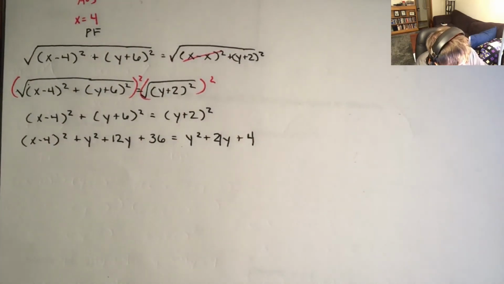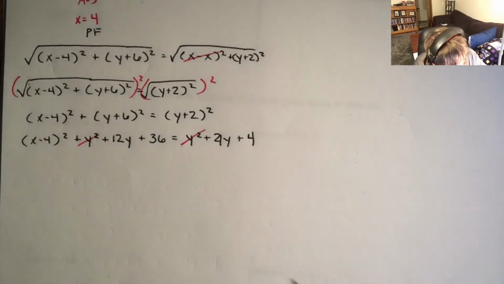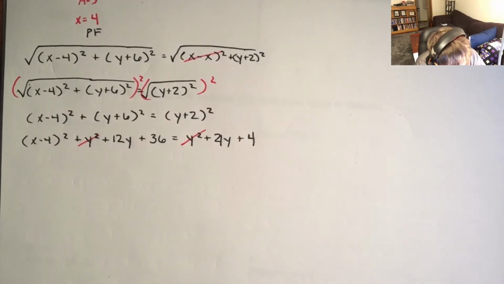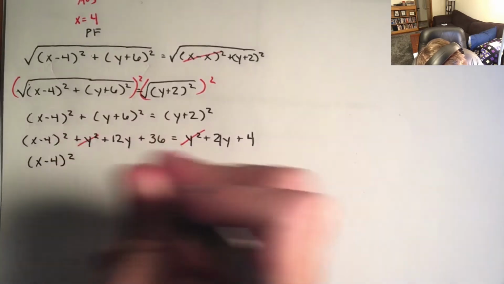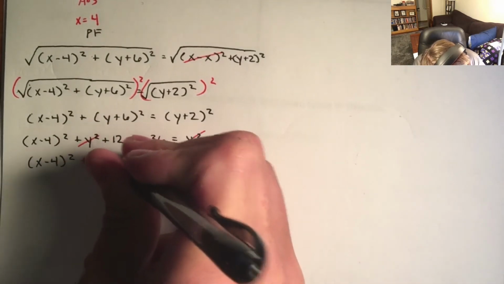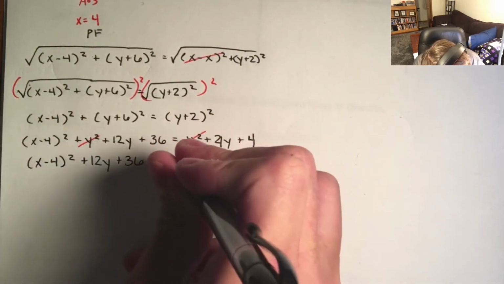If you look here, our y squared values cancel out still. But unfortunately, these values do not. So that's another difference here. So we're going to have x minus 4 squared plus 12y plus 36 is equal to 4y plus 4.